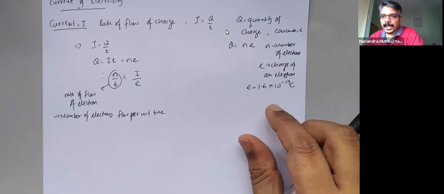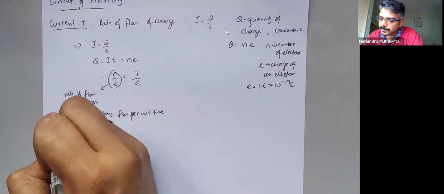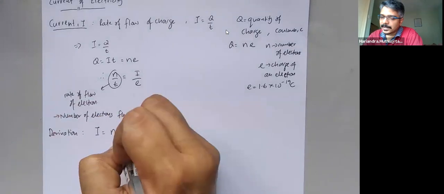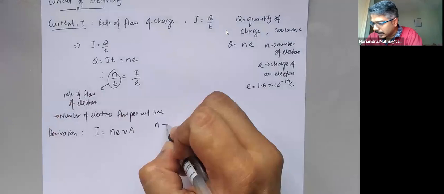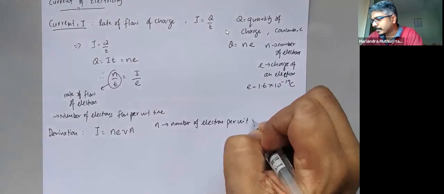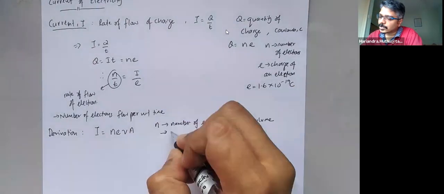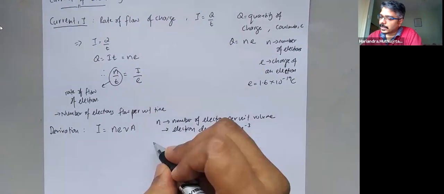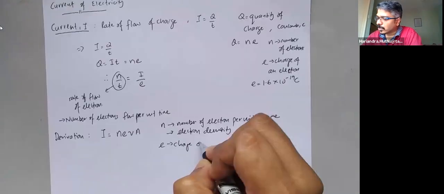Now the next thing we're going to look at is the derivation of the formula I equals n-bar eVA, where n-bar is the number of electrons per unit volume, also known as electron density, which carries the unit of per meter cubed. e is the charge of an electron.